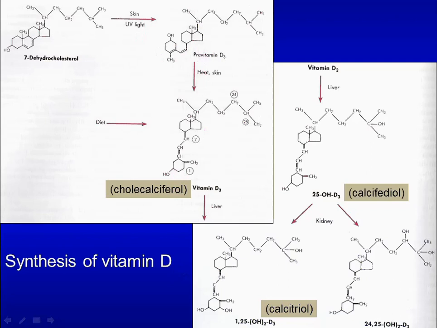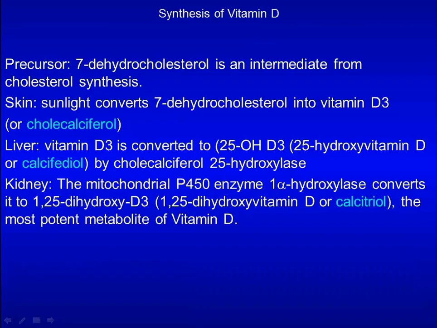In the liver, hydroxylation at position 25 converts cholecalciferol to calcifediol. In the kidney, hydroxylation at position 1 converts calcifediol to calcitriol. Calcitriol is the most active form of vitamin D. This information is summarized in this slide.